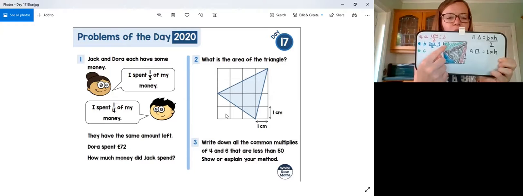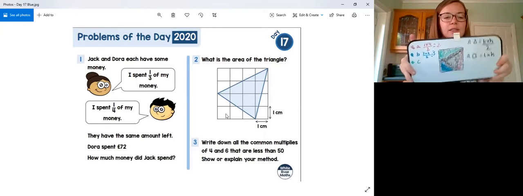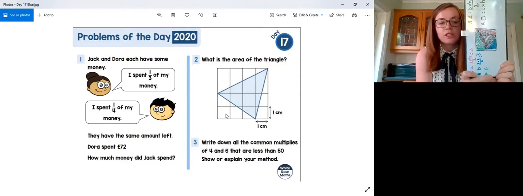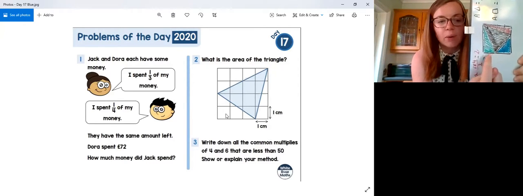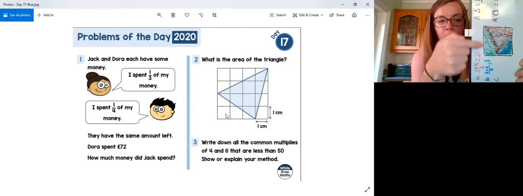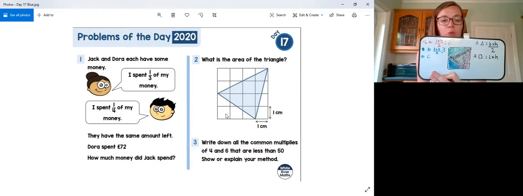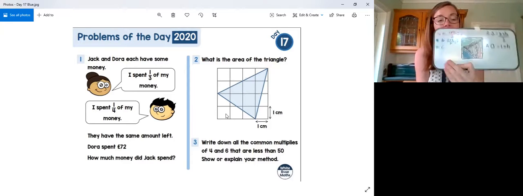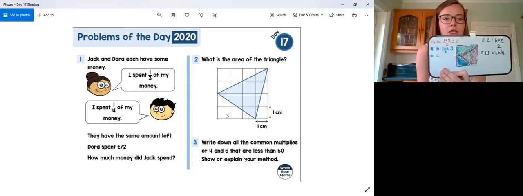What about the area of this one? It's hard to see a base unless I do this with my whiteboard. Simply by turning my whiteboard 90 degrees, I can see I have a base, a right angle, and a height. So it's important to remember that the base isn't always what's at the bottom. You can turn a triangle round and the base and the height must be perpendicular. It must have 90 degrees.